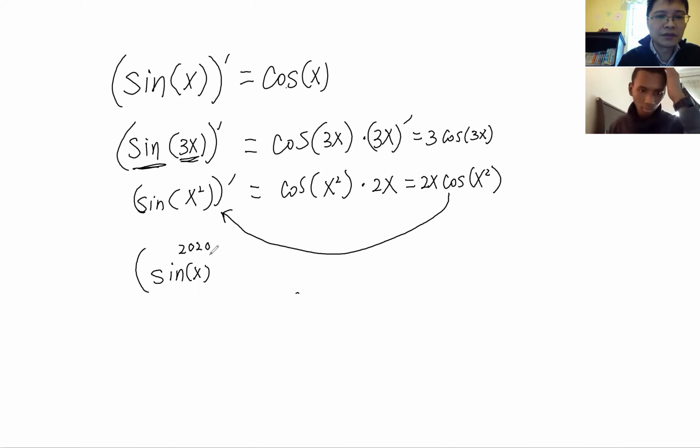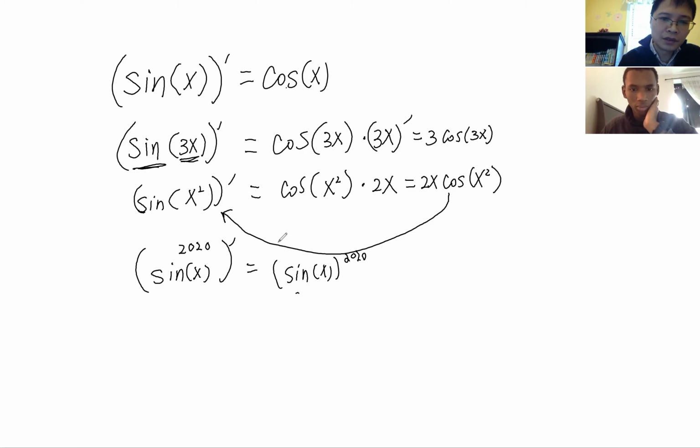Now I take a derivative. This is the same way you look at it if you write a power. So that's a power of 2020. And now we take a derivative of this. This is not the same as the one we just finished, because sine x is our base.